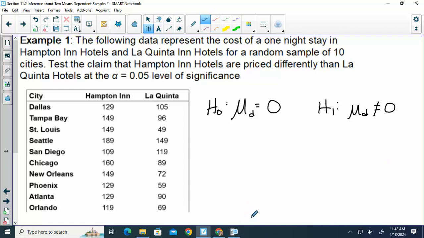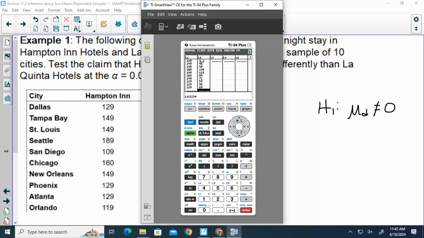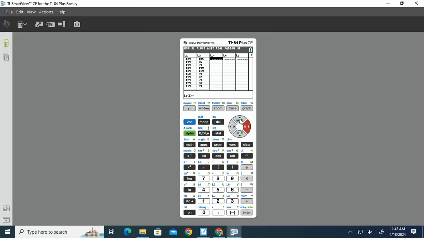With these, we are talking about the difference. So how do I get my difference? Subtract them. You can go through every single data point, subtract them, and enter it into your L3. There is also a faster way. If you use the up arrow and go up onto L3, it says L3 equals, and you can give it a formula.